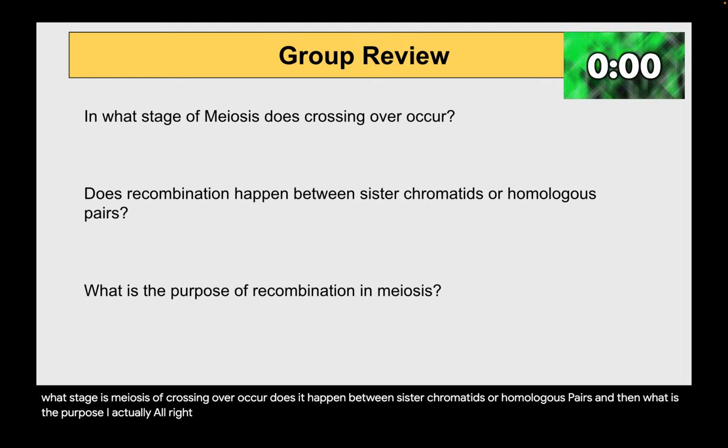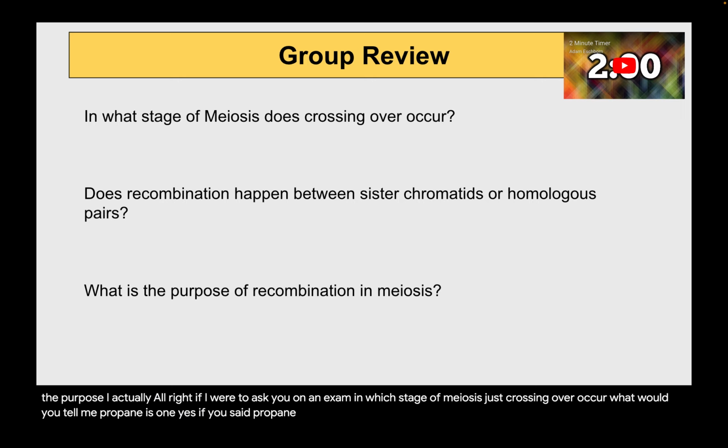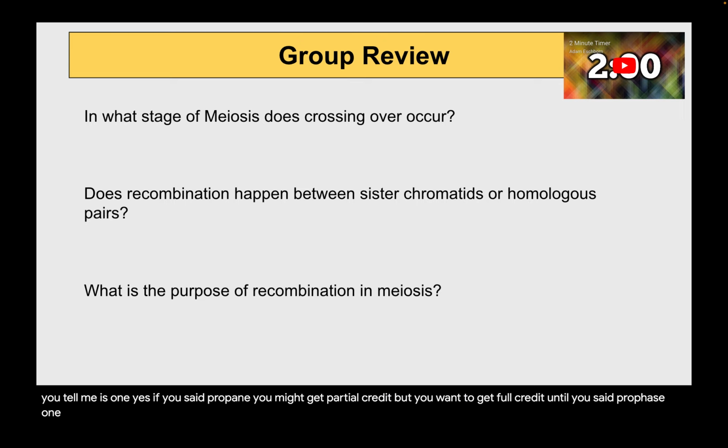All right, if I were to ask you on an exam, in which stage of meiosis does crossing over occur, what would you tell me? Prophase 1, yes. If you said prophase, you might get partial credit, but you want to get full credit, so say prophase 1. All right, does recombination happen between sister chromatids or homologous pairs?